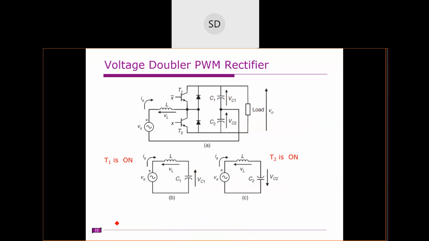Is that clear? We need to make sure that each capacitor voltage must be greater than the peak of the supply voltage. There is some drawback with this. When we discussed the three level diode clamped inverter, the current was flowing inside the capacitor.